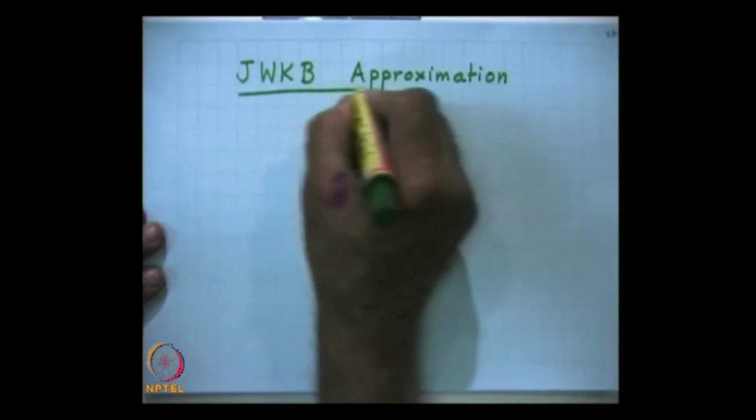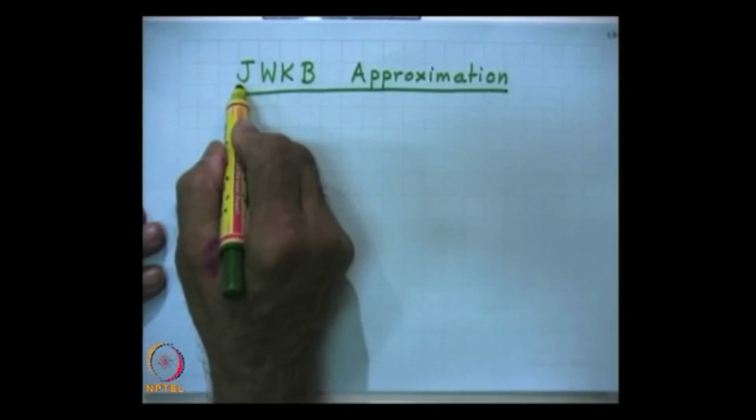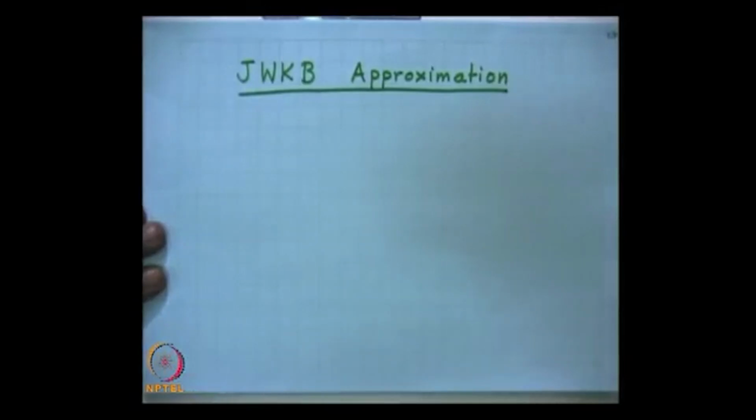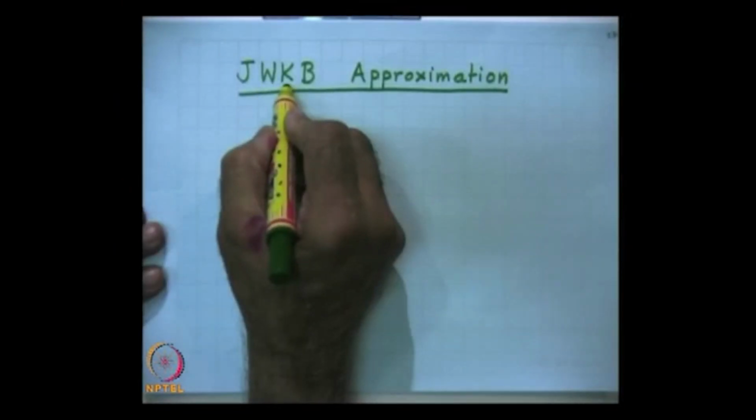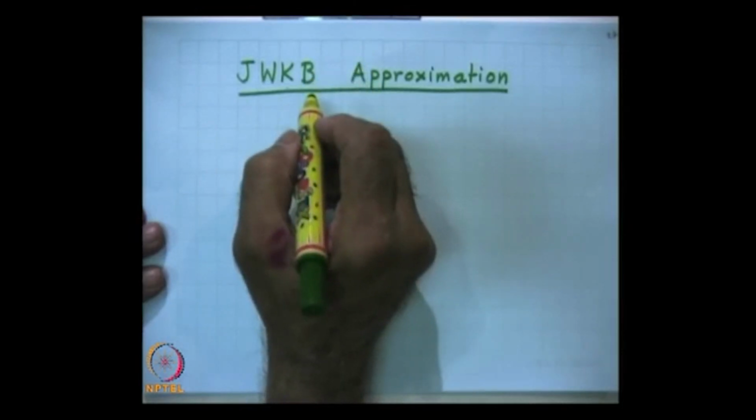This approximate method was first put forward by Jeffreys around 1887 or 89, and then when quantum mechanics was developed in 1926, this method was simultaneously published by Wentzel, Kramers and Brillouin in the year 1926 itself.